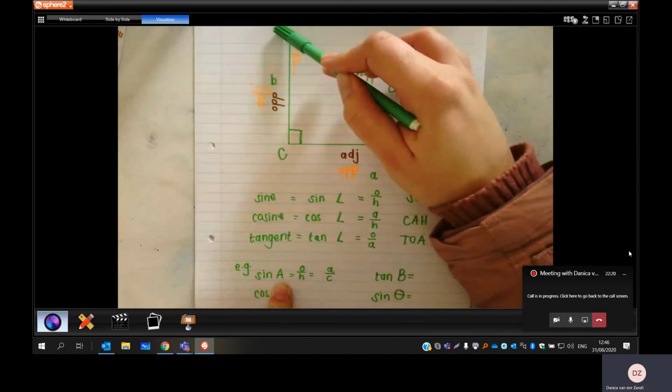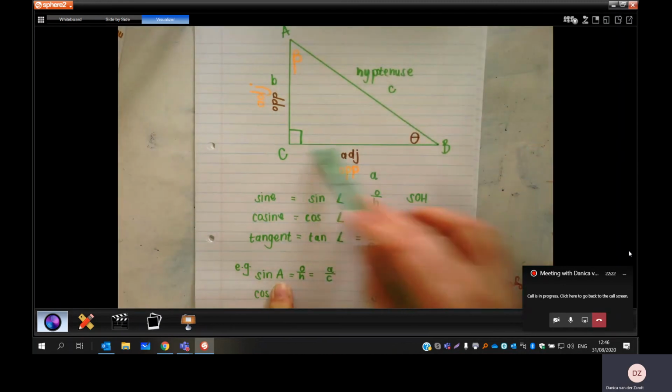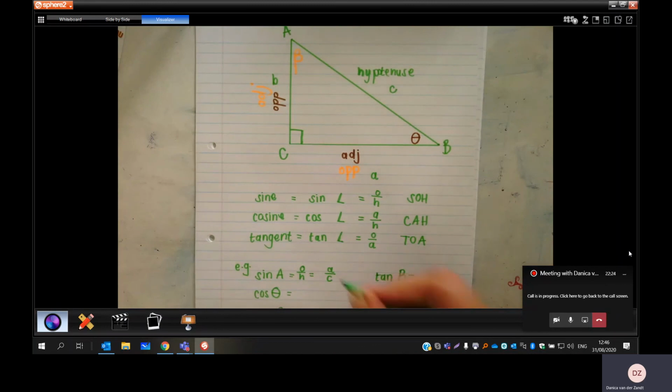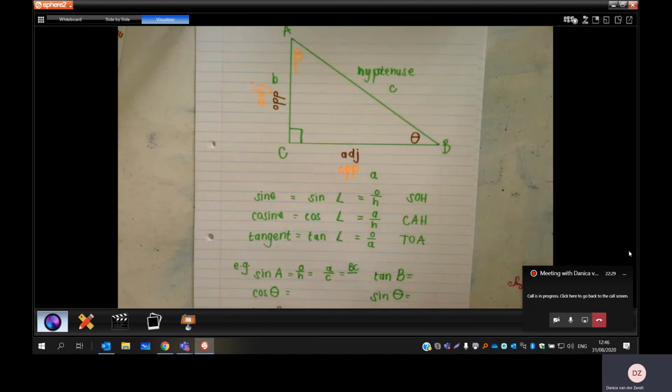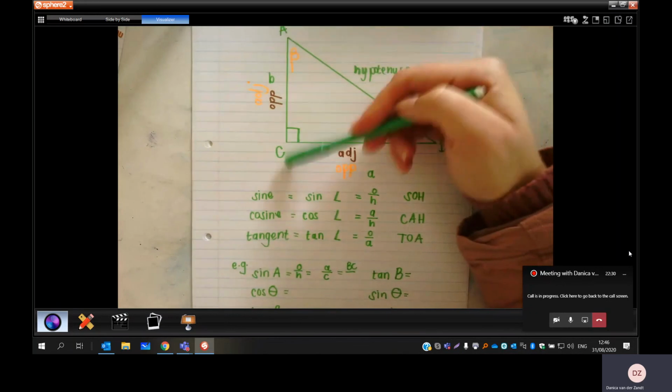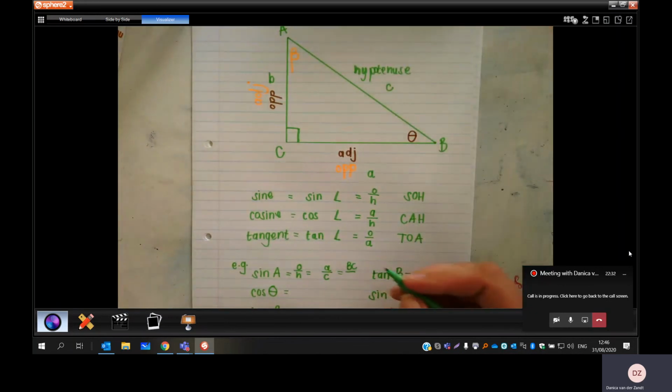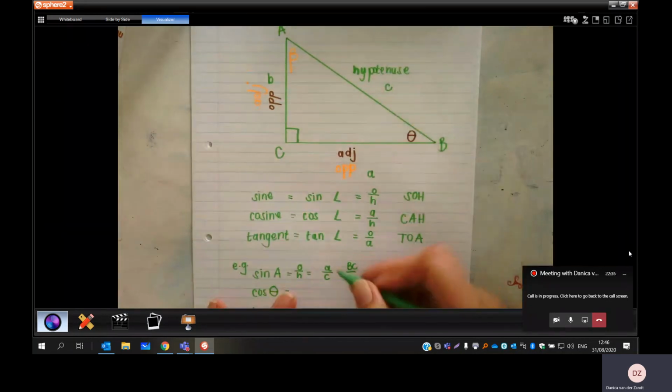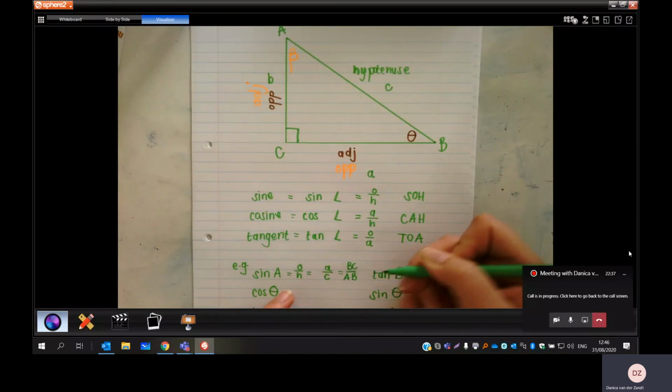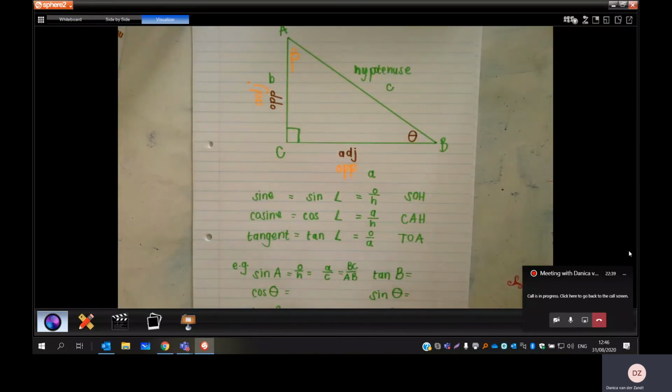Okay, so there's sine of A. My opposite is BC or little a, and my adjacent is AC or little b, hypotenuse is AB or little c. So there are many ways that I can name these things and ask you to refer to them or understand what I am asking you. So I just want you to be exposed to it from the beginning.